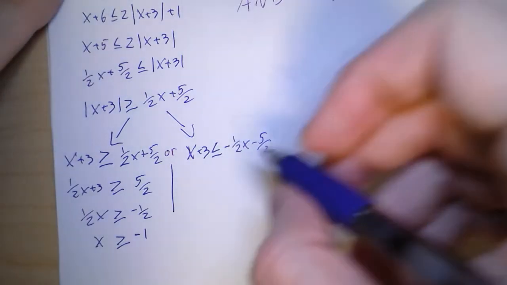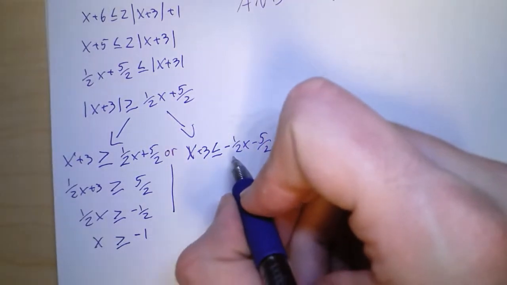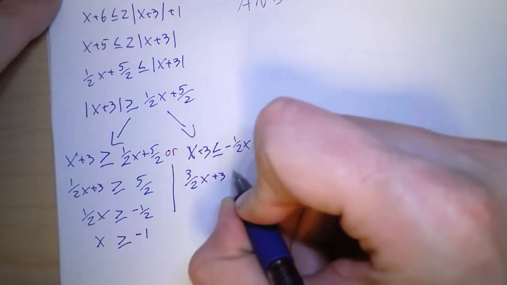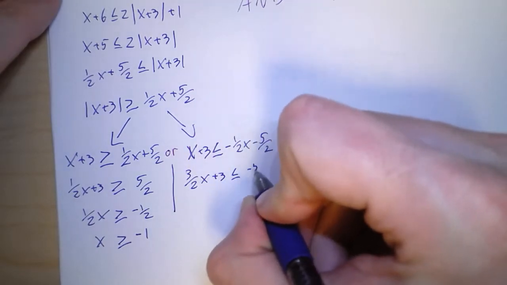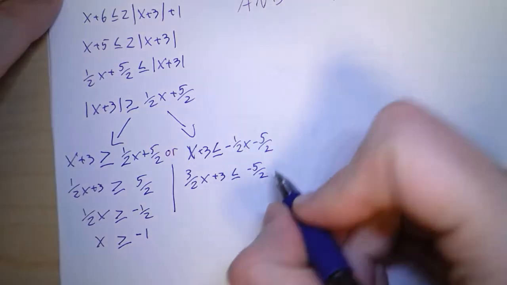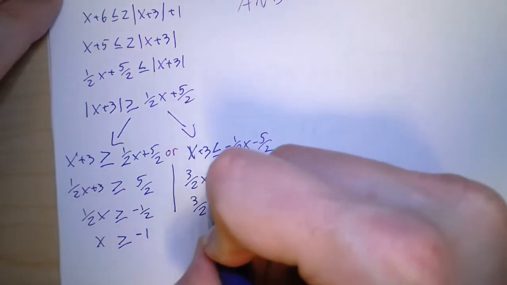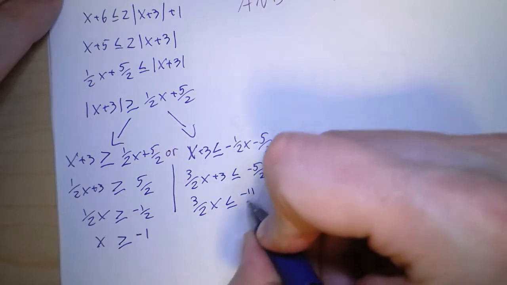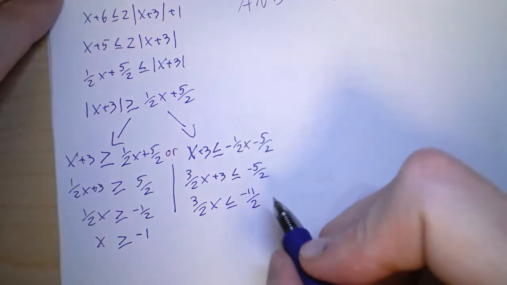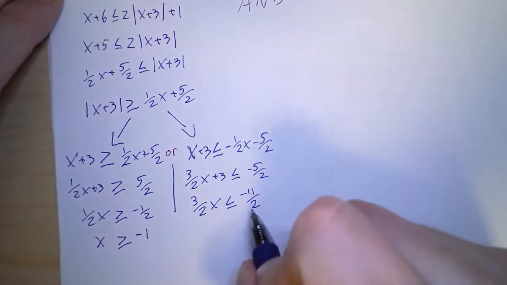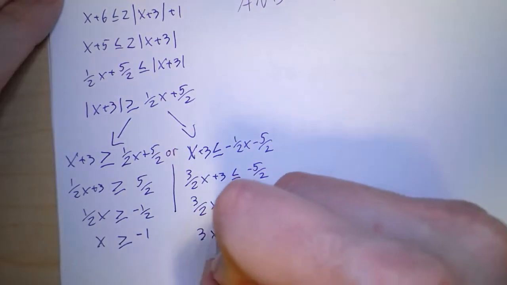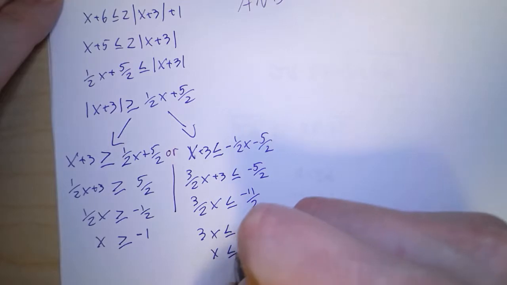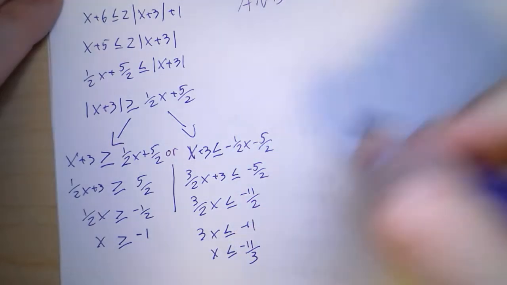Now over here, we add 1/2 x, so that's 3/2 x plus 3 less than or equal to negative 5/2. So we subtract the 3. So 3/2 x less than or equal to negative 11/2. Now we multiply both sides by 2, so we have 3x less than or equal to negative 11, and x is going to be less than or equal to negative 11/3.